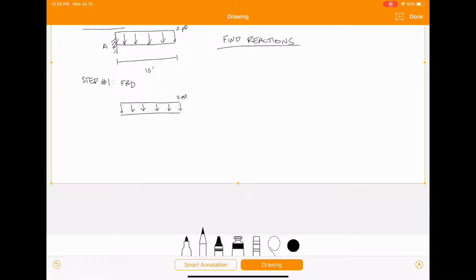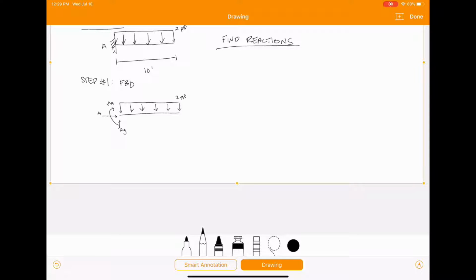And then we apply our reactions. And we only have reactions at A because the other end of the beam is free. So for this, like we discussed above, we're going to have an AY, we're going to have an AX, and we're going to have a moment reaction at A. Again, you can draw these arrows in any direction.